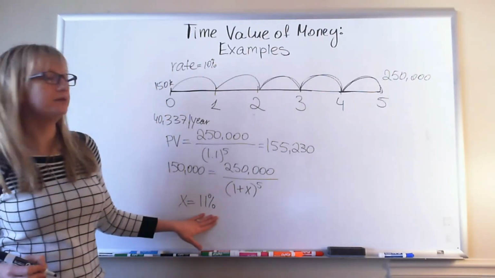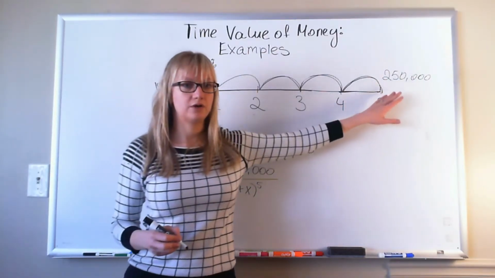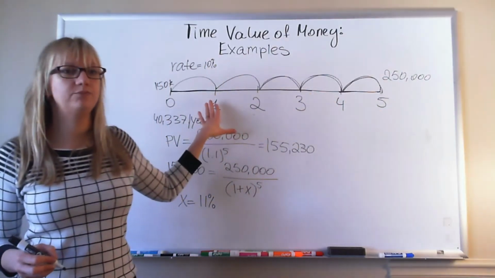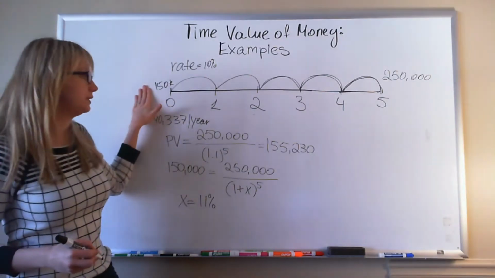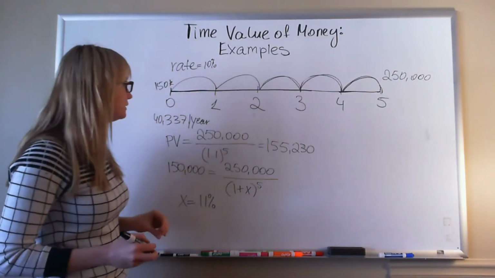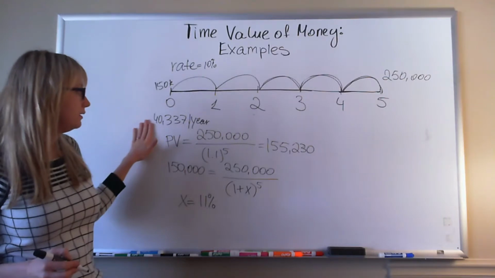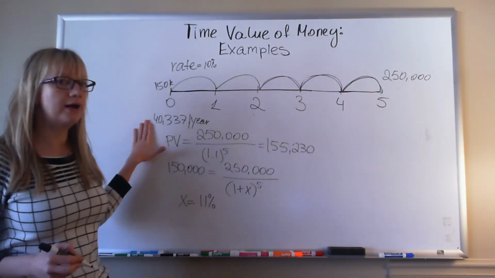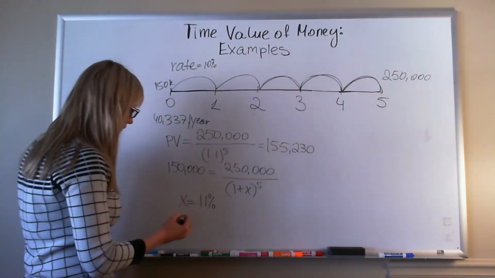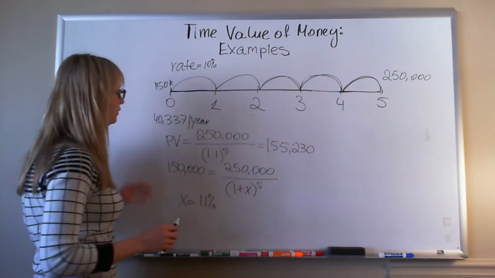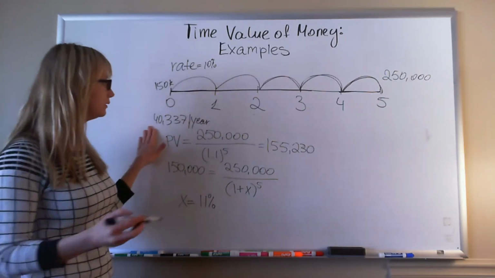So if we apply the rate of 11% to our $250,000 over here that we want, discounted 5 periods, then this is what the lottery company actually gives us here. Similarly, they offer us $40,337 a year. If we were to apply the rate of 10% and try to solve for payment, let's see what we would come up with: $40,949 payment here.